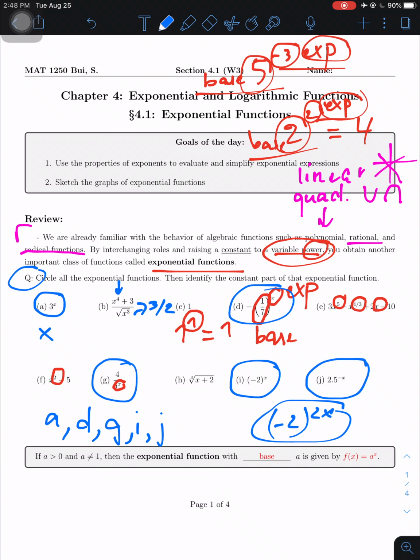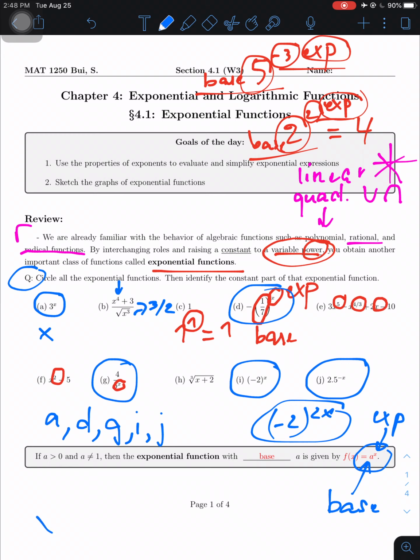Now, as a recap of the definition of an exponential function, if A is greater than 0 and A is not 1, then the exponential function with base A is given by the form f of x equals A to the x power, okay? Just like I told you earlier in the examples, whatever is in bigger size is the base, and whatever variable is in smaller size on the top right, we call it the exponent, okay?